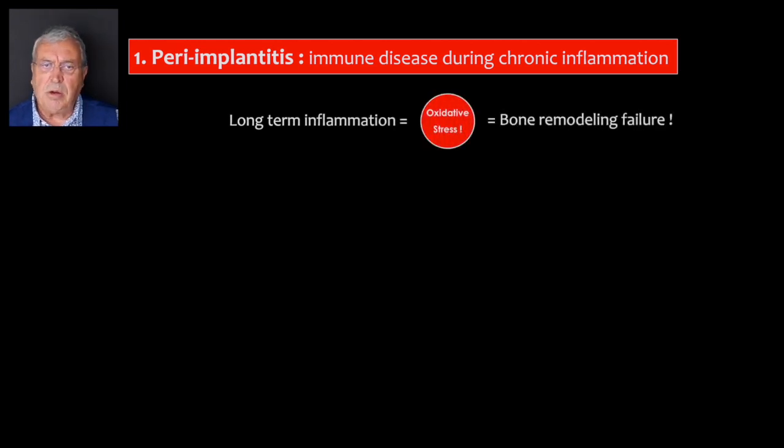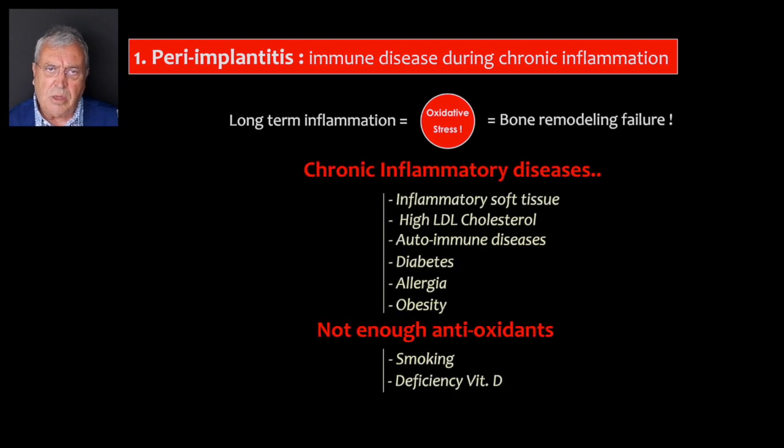We know all the pathologies that are making a chronic inflammation or reducing the antioxidant production. Then, when you have a patient like that, if he has high cholesterol, you can reduce it. But if he's diabetic, you cannot change.